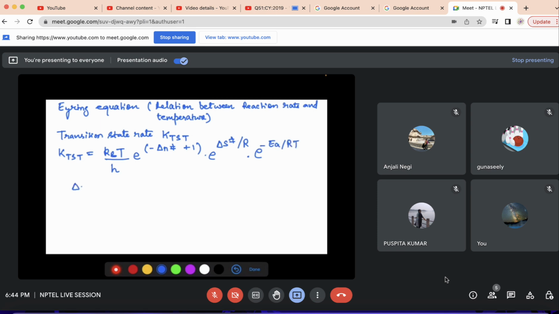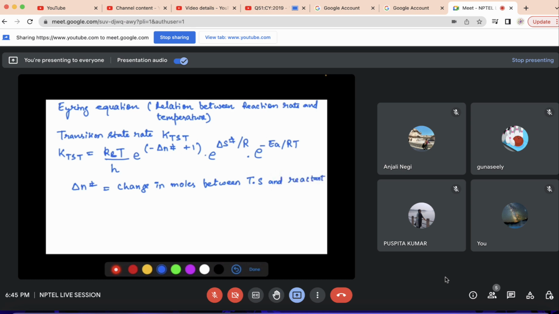So here delta n double dagger is the change in molecularity in the given reaction. We can also write it as the change in moles between transition state and reactant.